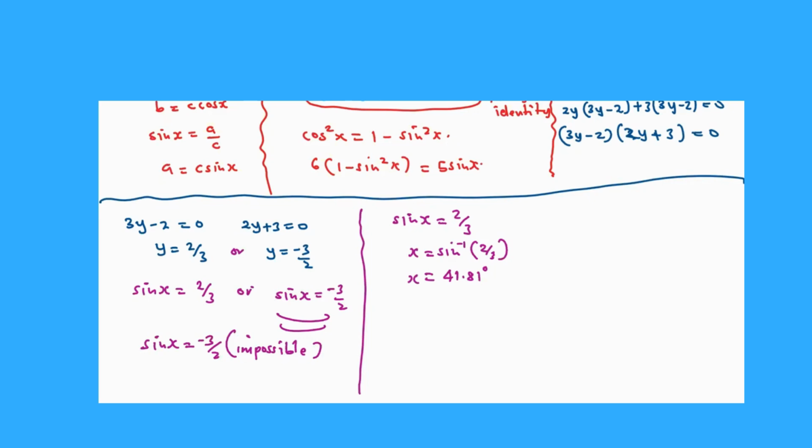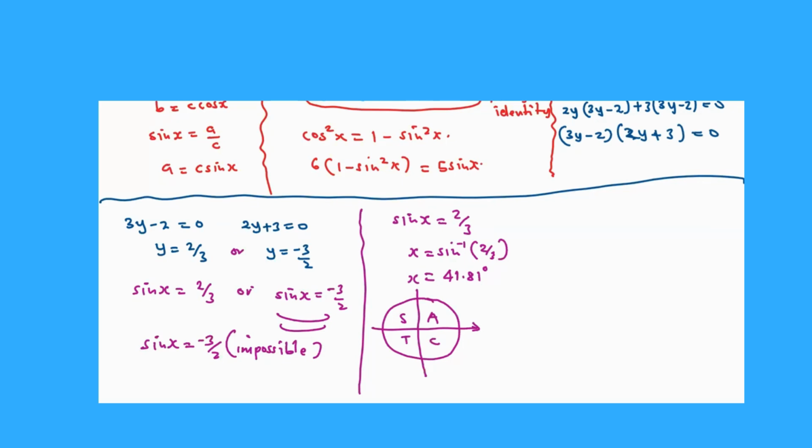So we now apply the Form 3, or rather grade 11 concept, where we are talking about a unit circle, where in the first quadrant all ratios are positive. In the second quadrant, at S, only sines are positive.